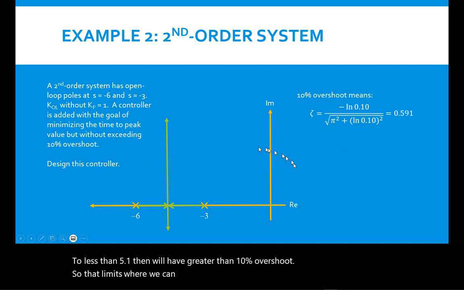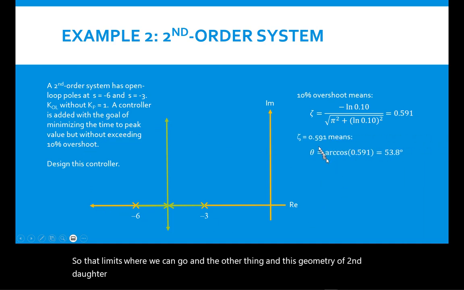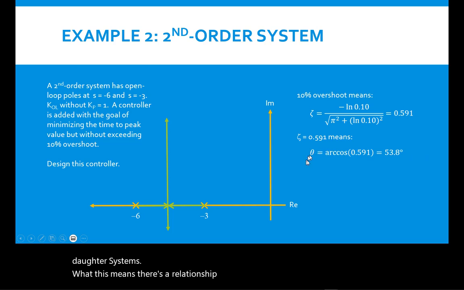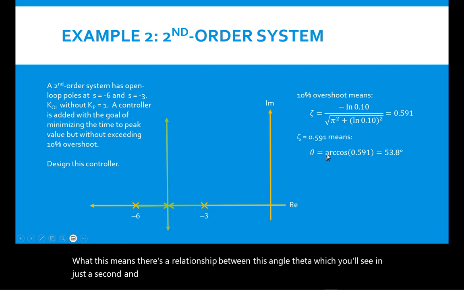And the other thing in this geometry of second-order systems: there's a relationship between this angle theta, which you'll see in just a second, and zeta. Basically, theta is equal to the arc cosine of zeta.